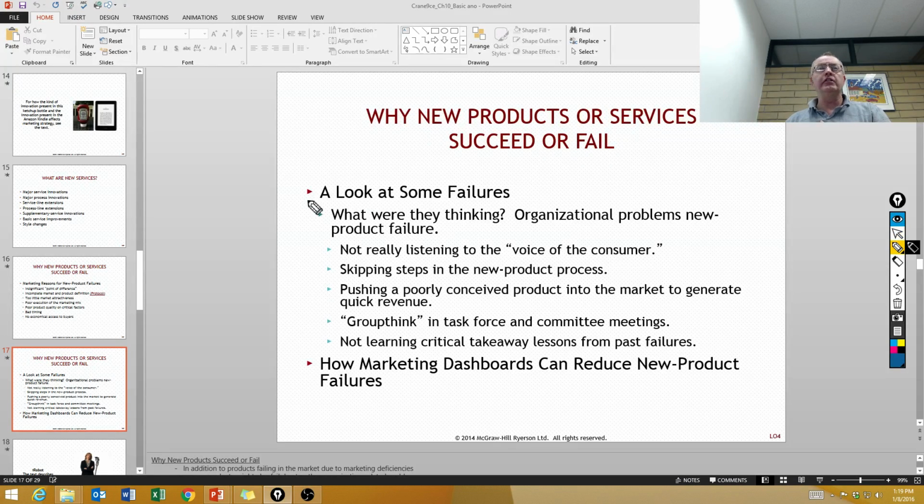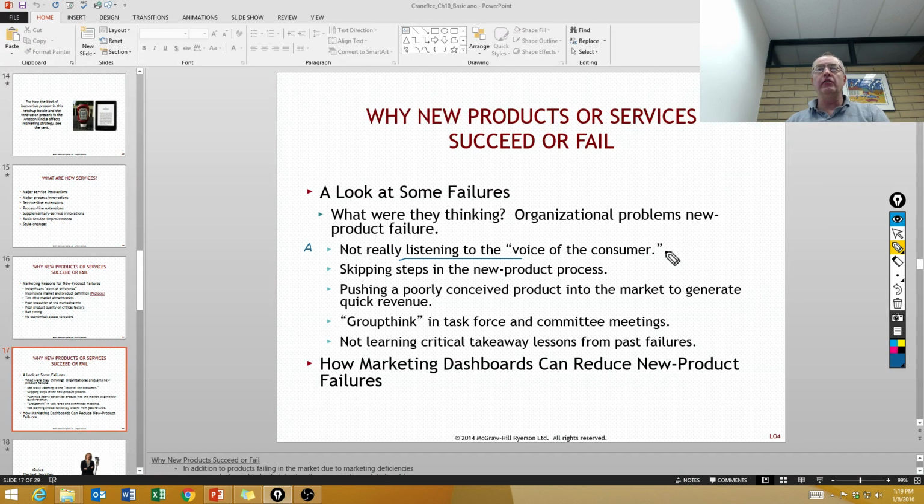So the first reason is not listening to the consumer. The company thinks they have a great idea, and the managers think they know what consumers want, but the consumers don't actually want the product.